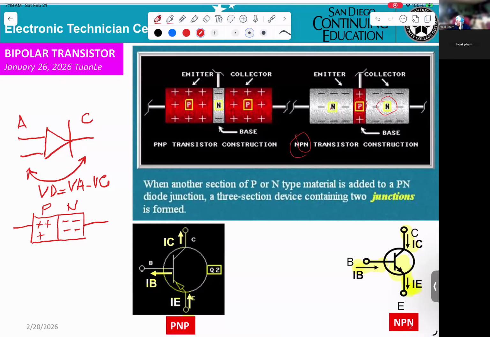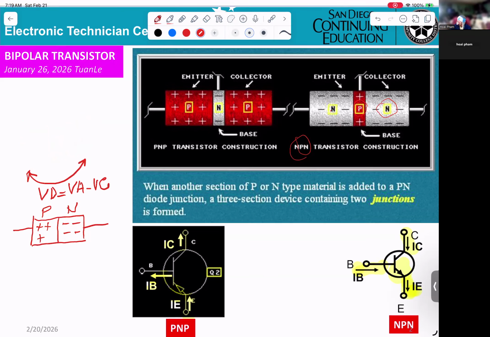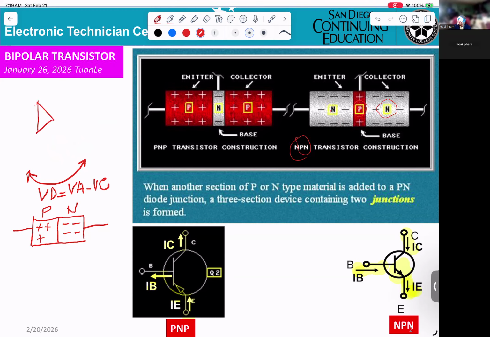Let's see. It will be a P side. That will be an N side.